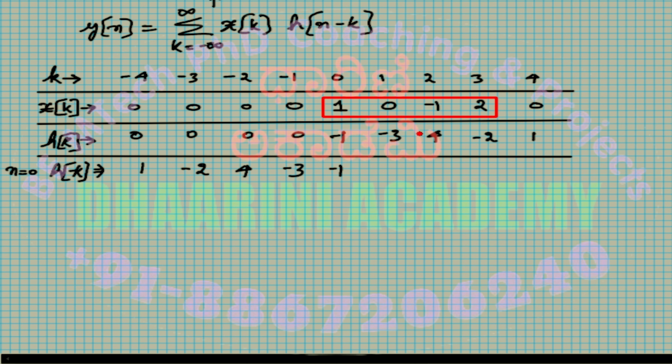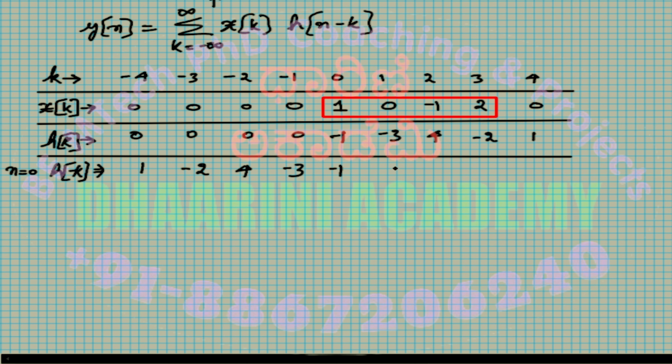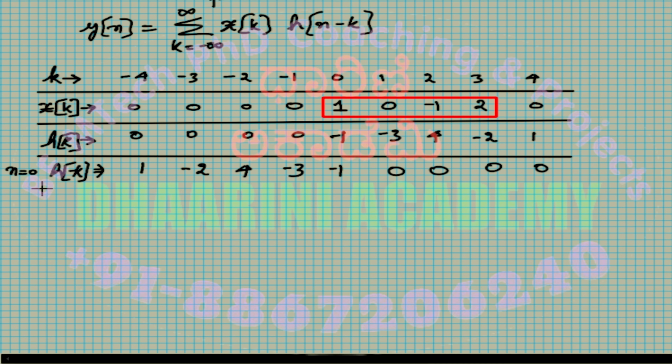All right, now let me write those values because I didn't complete writing the h of minus k. So this is 0, 0, 0, 0. All right, so this is my next row. But before I fill the next few rows of the table, let me do the calculation. The calculation says when n is equal to 0, I am going to get y of 0, so put that value over here. Make that as 0.